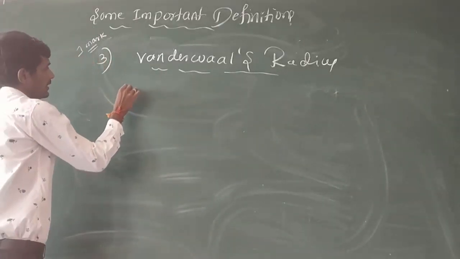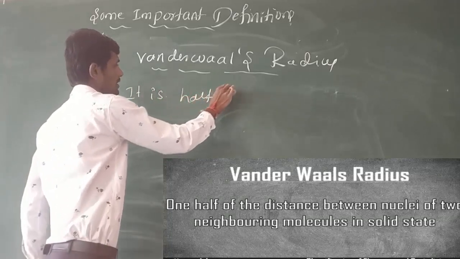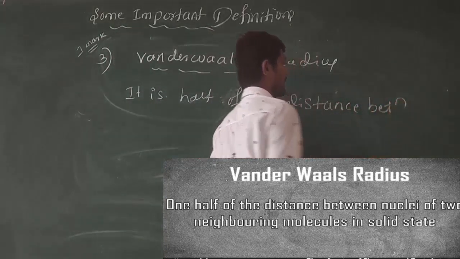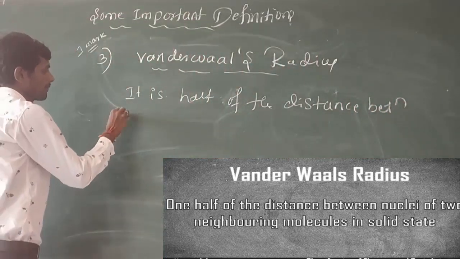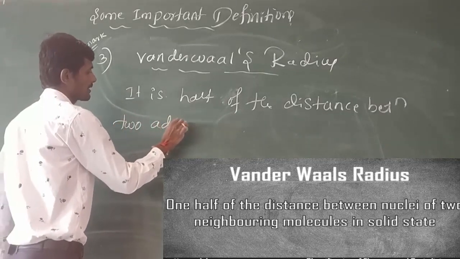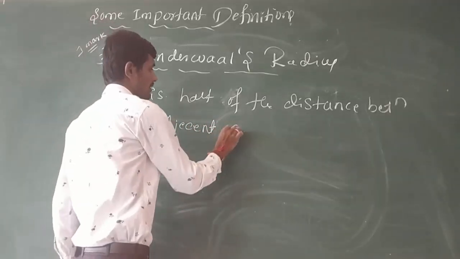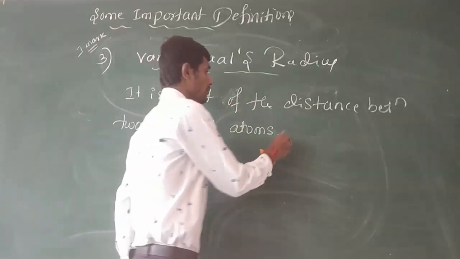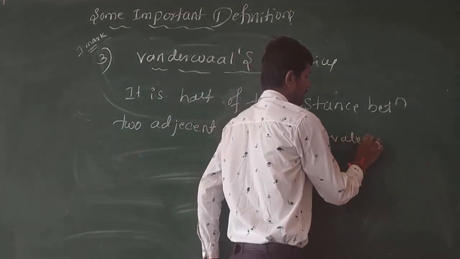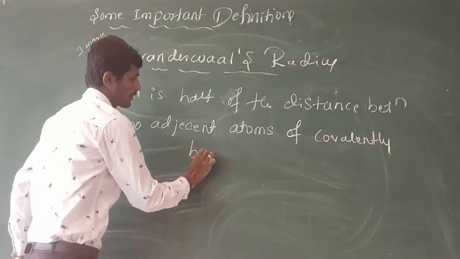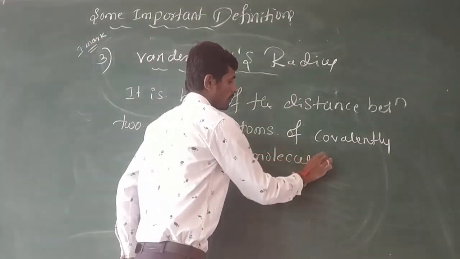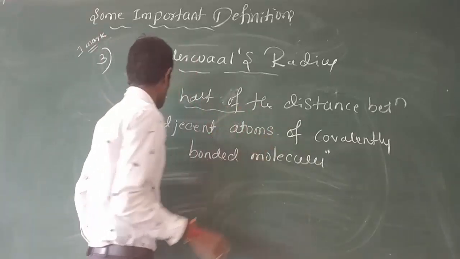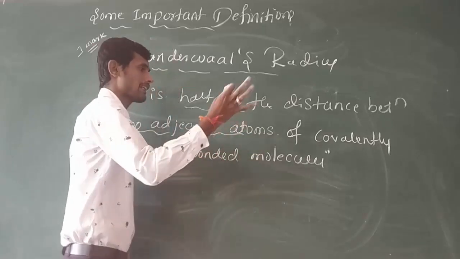Van der Waals radius is the half of the distance between two adjacent atoms of covalently bonded molecules.